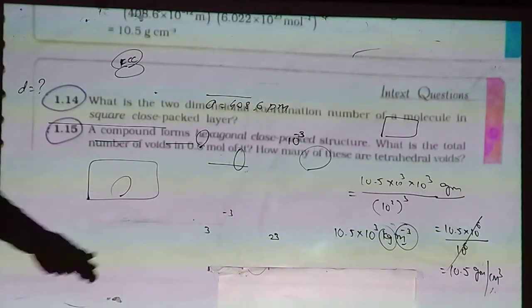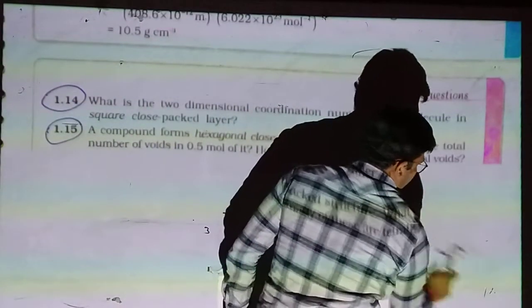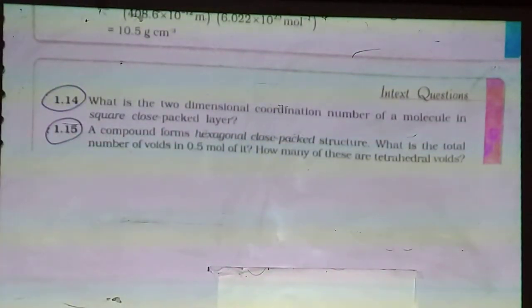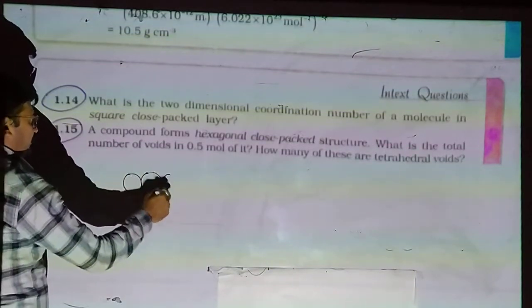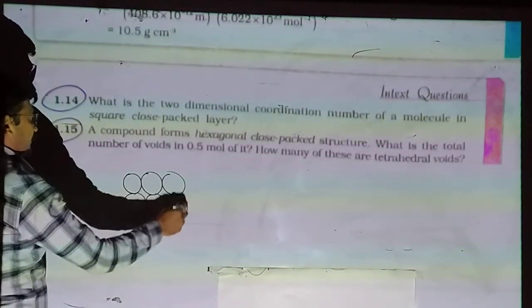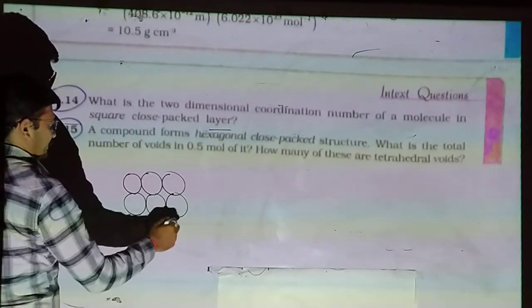Now come to the in-text question. What is the two-dimensional coordination number of a molecule in a square close-packed layer? A layer is always in two dimensions, not three.